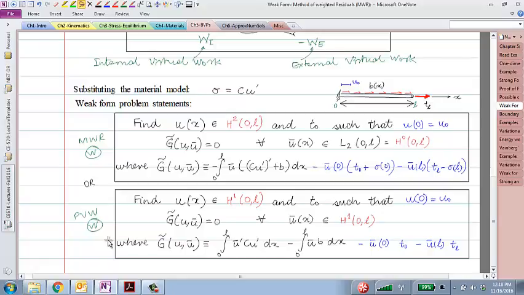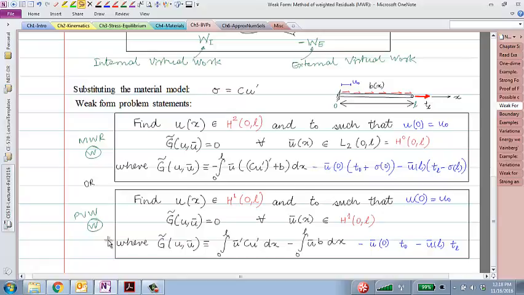You can imagine if I have a bar, if I have some structure like this, if I apply some body force, hang this bar from the ceiling, it has its own body force, apply some other body force, apply some traction at the end, you would expect that the displacement function would be continuous and smooth, right? You would not expect that displacement goes like this.